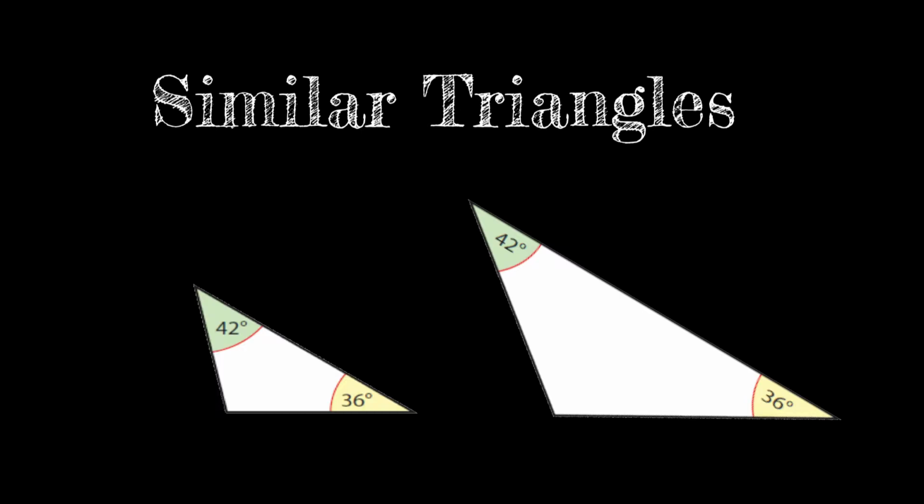by saying 180 take away 42 take away 36. So 180 take away 42 take away 36, 42 take away 36 leaves me with 102.